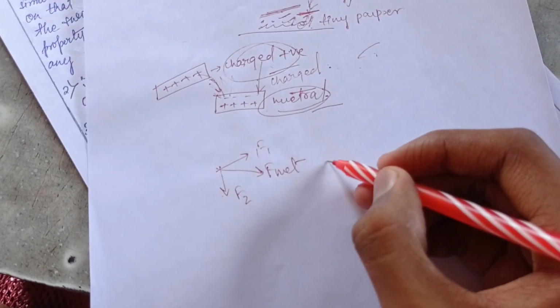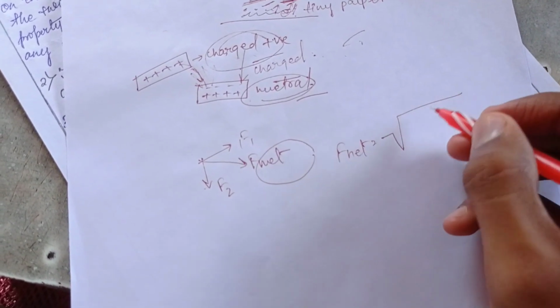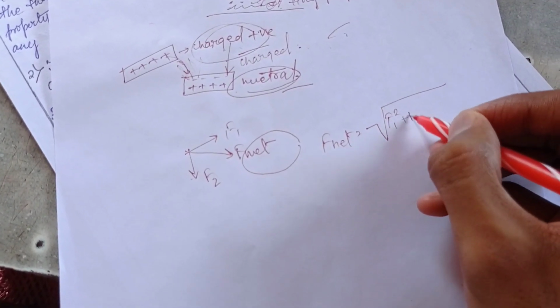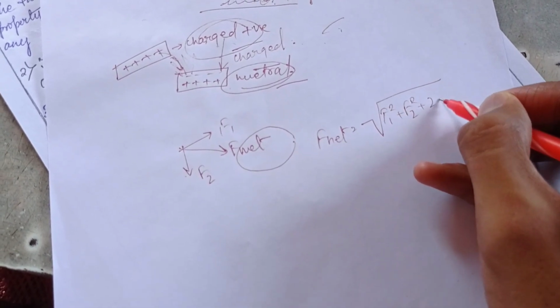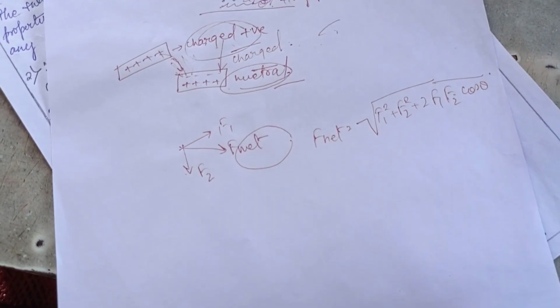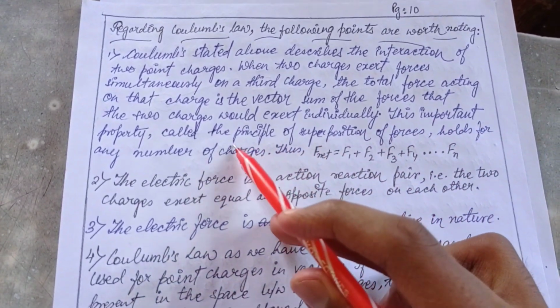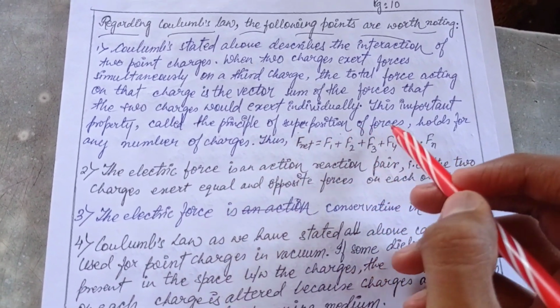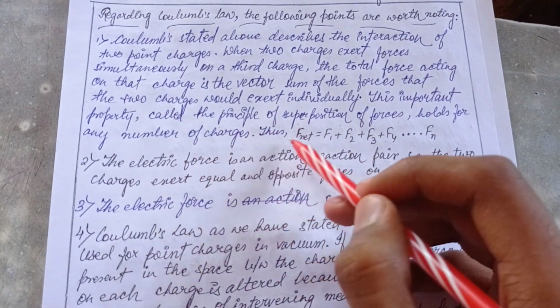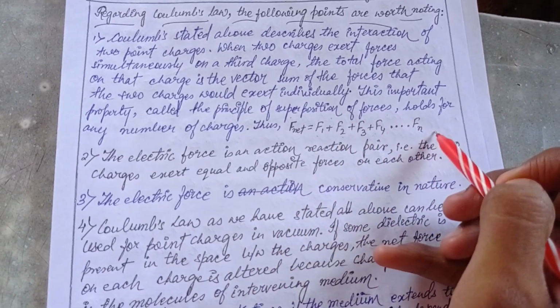So the vector sum, F net will be the square root of F1 square plus F2 square plus 2 F1 F2 cos theta. This important property is called the principle of superposition of forces and holds for any number of charges. Thus F net can be F1 plus F2 plus F3 till Fn.